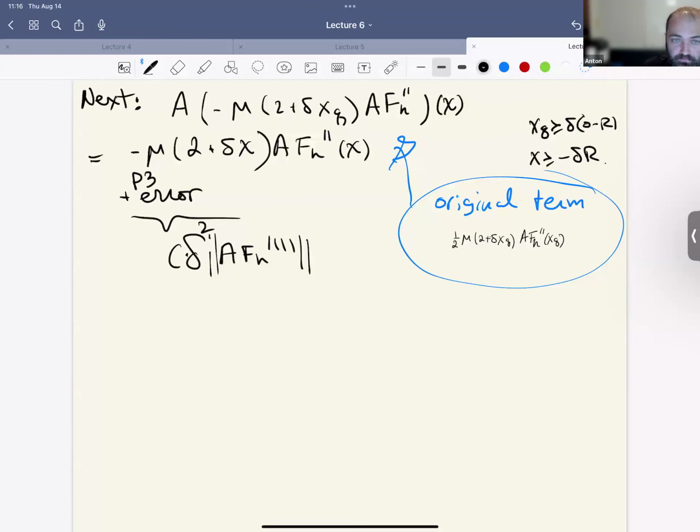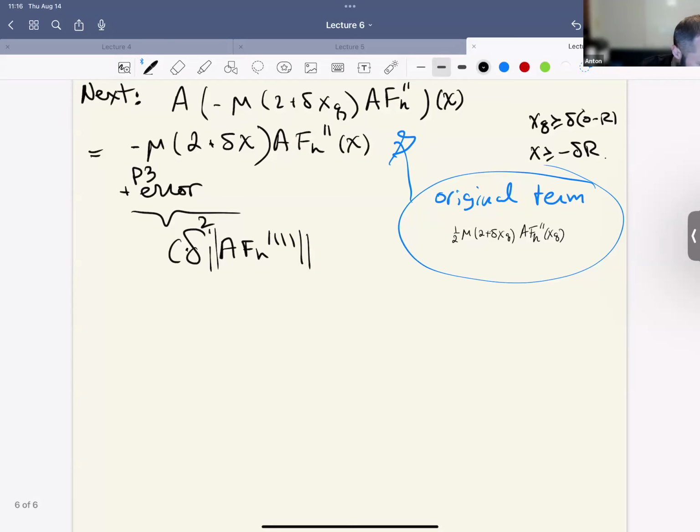This is B3 here, right? But the point is, again, this looks like some rate of convergence, delta squared, and a derivative term. Good.